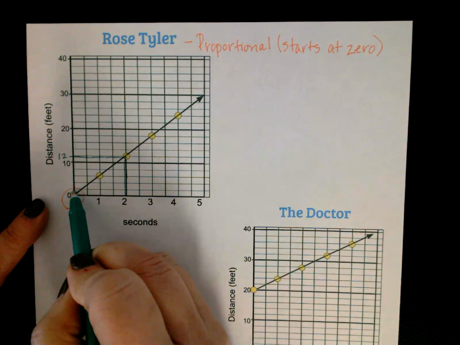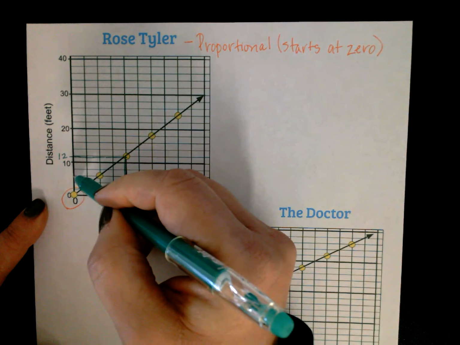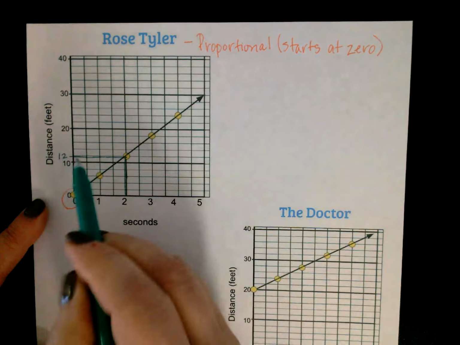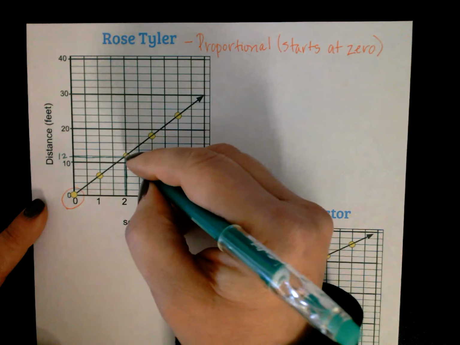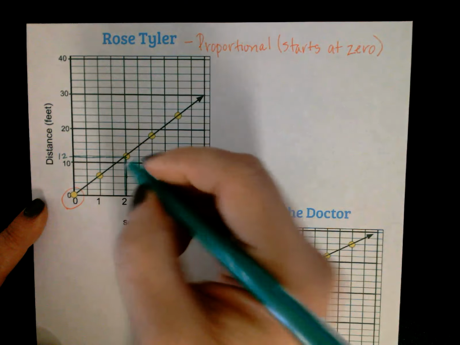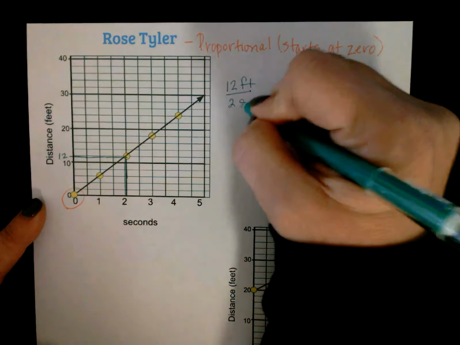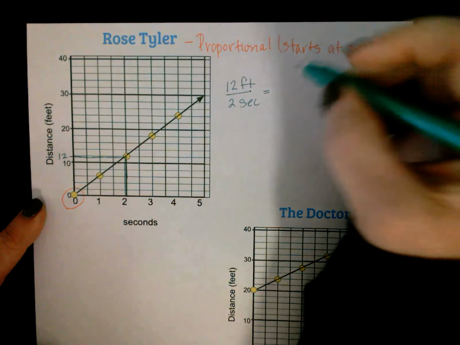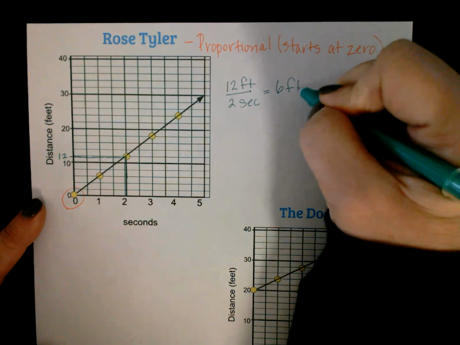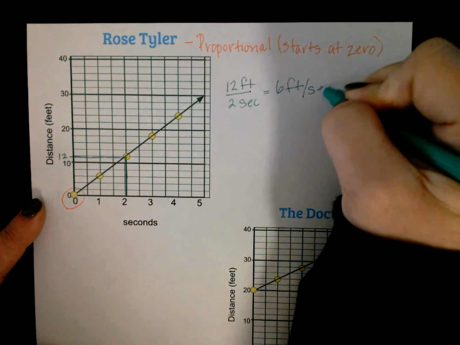Notice we counted, we talked about this earlier, 2, 4, 6, 8, 10, 12. 12 feet in 2 seconds. She was traveling at a rate of 6 feet per second.